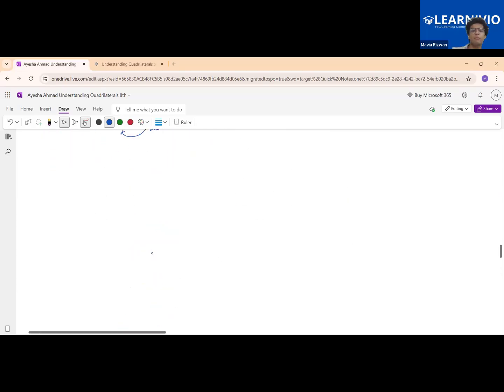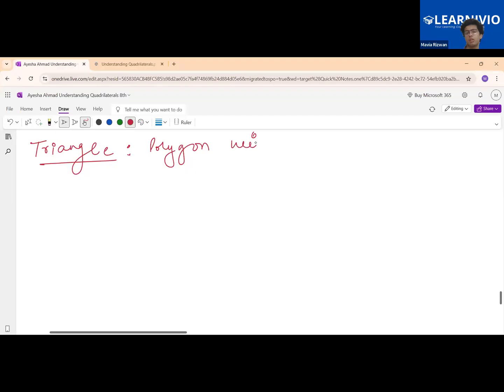Now the first type of polygon which we have. Ayesha, can you tell me which is the shortest polygon? Triangle. Yes. The shortest polygon is a triangle. A polygon with three sides is known as a triangle.